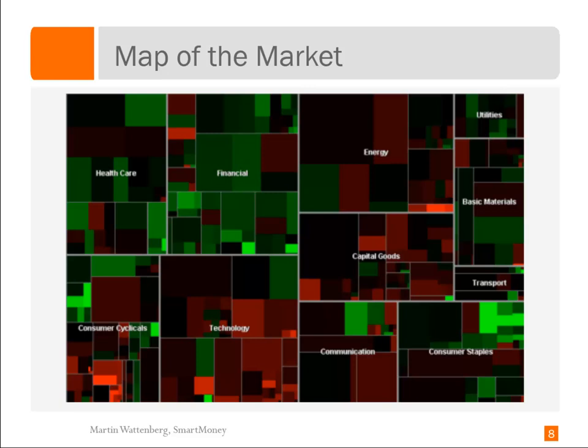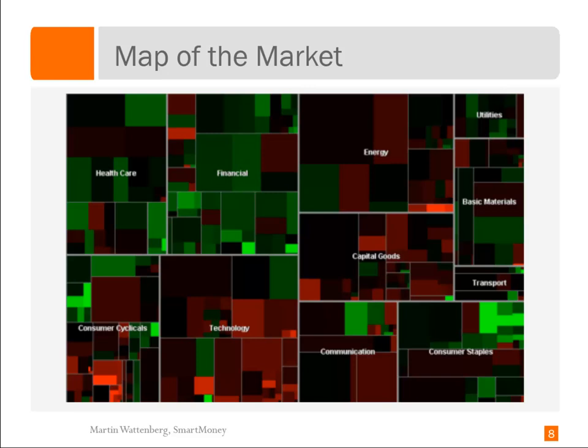Then, as you might have noticed, color encoding is utilized significantly here, where green means that that particular security, that stock, is increasing in price on that particular day. If it's red, it's decreasing in price, and if it's black, it's neutral.